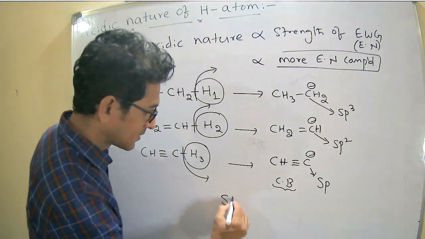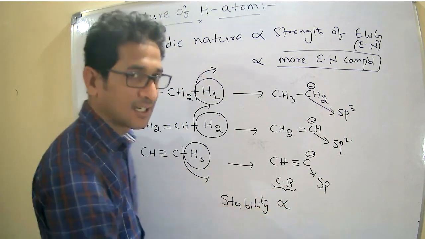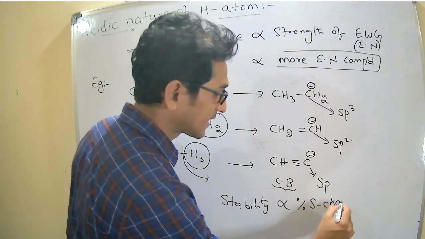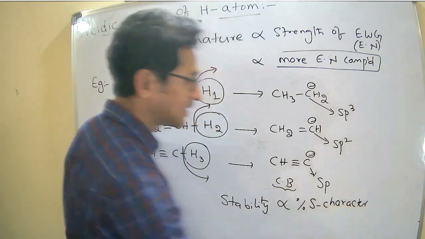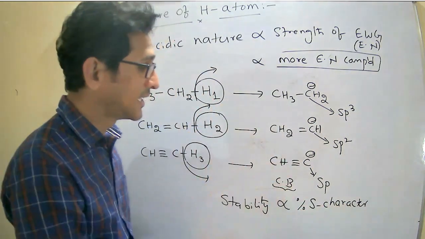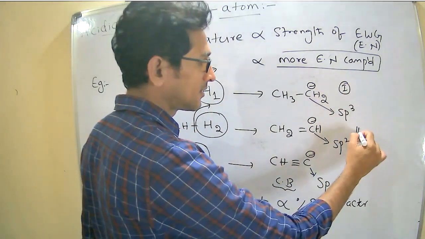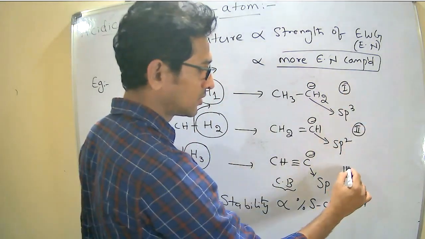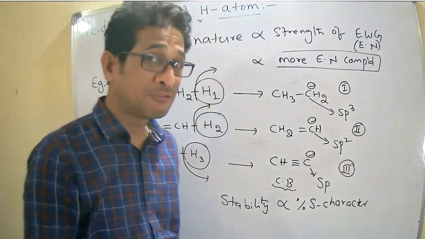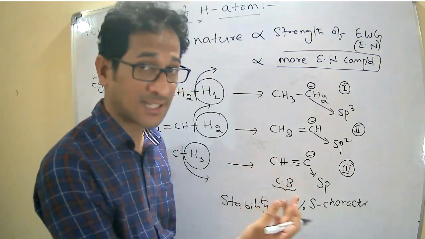So stability is directly proportional to the percentage of s character. As s character increases, stability increases. Now see here, among these three species, which carbanion has the greater percentage of s character?